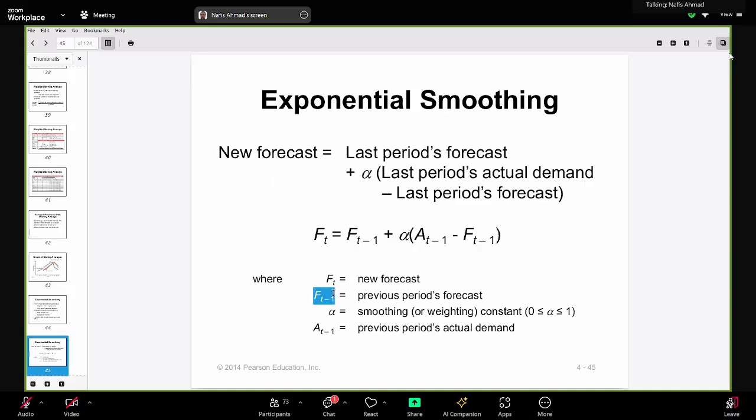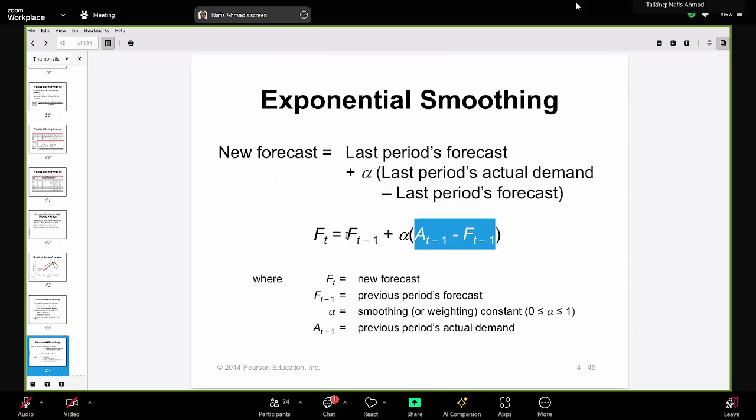So for example, in the case of November, at the end of October we know the demand of October and we know our forecast of October. Then from the actual demand of October and from our forecast of October, we can predict the demand of November. So we need one actual data of the immediate past period and one forecasted data. Only two. No other data is required.